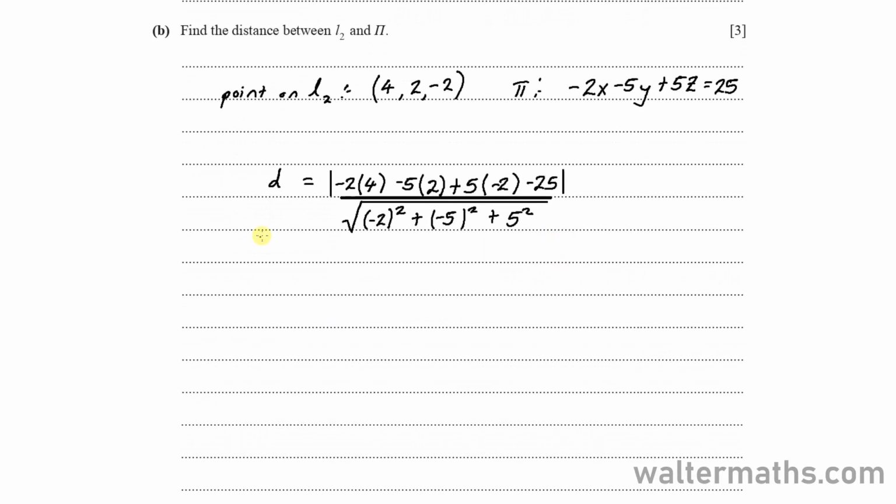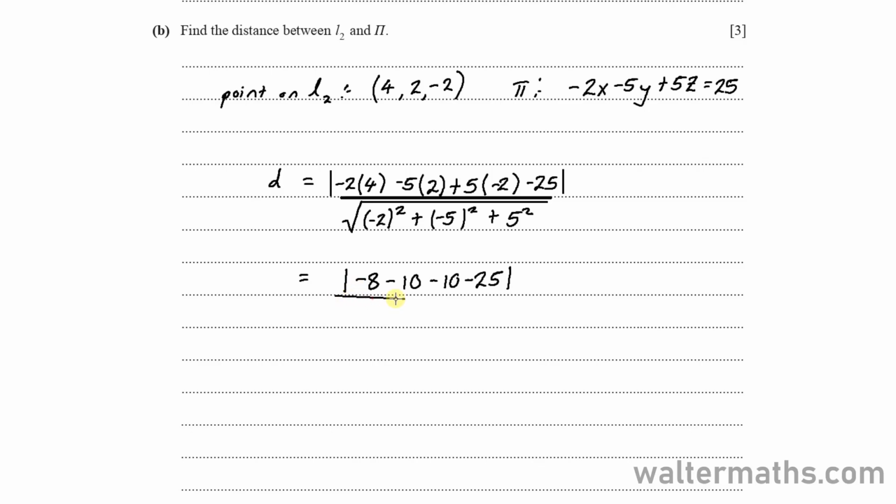So let's simplify this. On the numerator we have minus 2 times 4, which is minus 8, and minus 5 times 2, so that's minus 10, and then plus 5 times minus 2, which is minus 10, and we have minus 25.